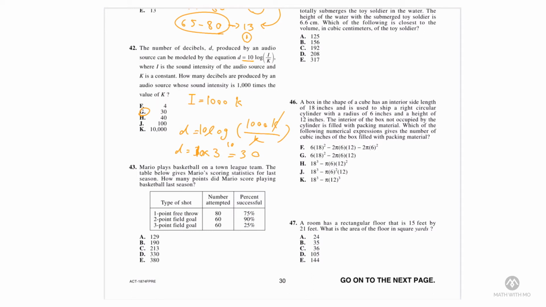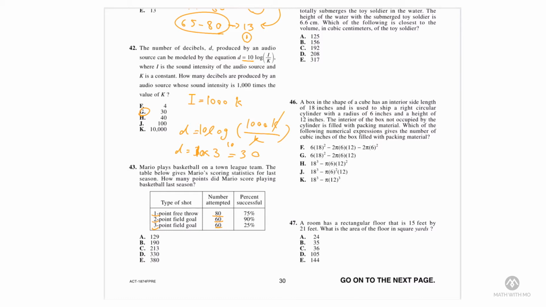G is: Mario plays basketball on a town league team. The table below gives Mario's scoring statistics for the last season. How many points did Mario score playing basketball last season? We have different types of shots: 1-point shot, 2-point shot, 3-point shot, and the number of attempts: 80, 60, and the successful percentage.